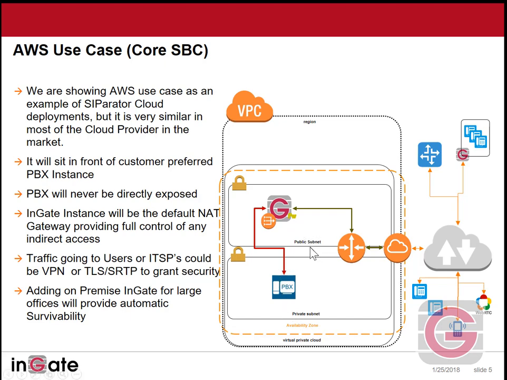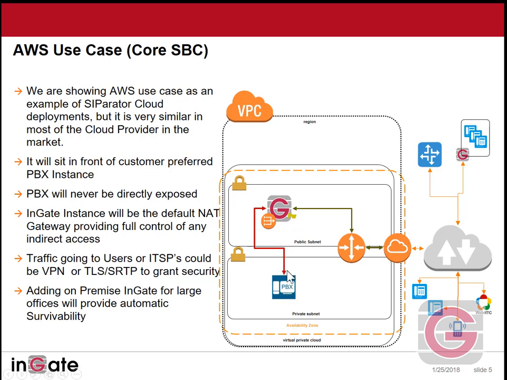So you're going to have a public subnet and a private subnet. The PBX, or my unified communication infrastructure, is going to be hosted on the private subnet in order to avoid any direct access from the outside. The Engage Separator will have 2 legs. One leg is going to be located on the public subnet, which will behave like a DMZ zone, and the other leg will be connected to the private subnet.